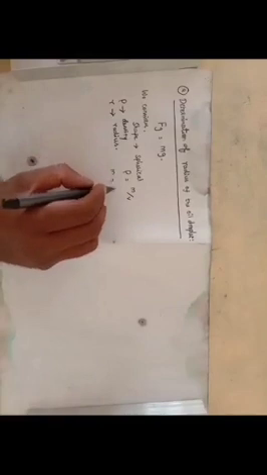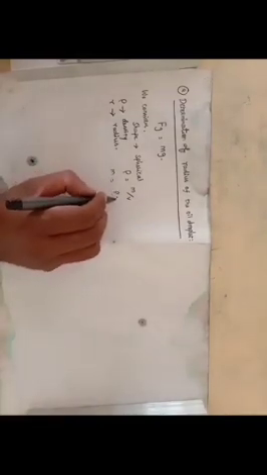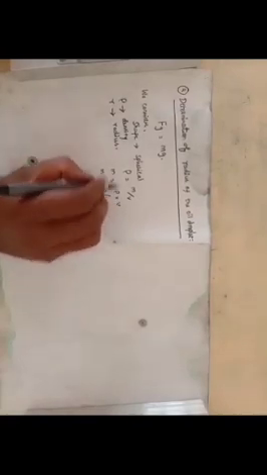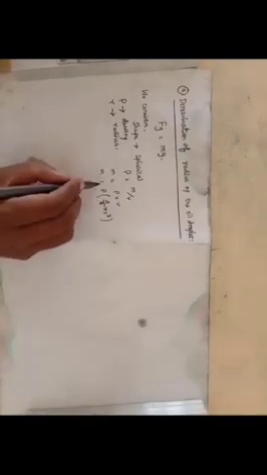So the mass of the oil drop is equal to density into volume. So m is equal to rho into the volume of the sphere, that is 4 by 3 pi r cube.